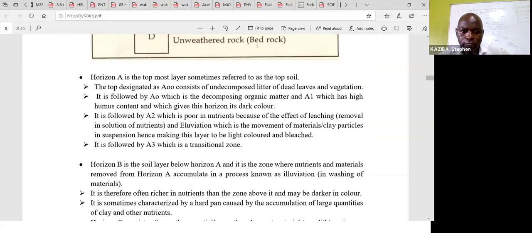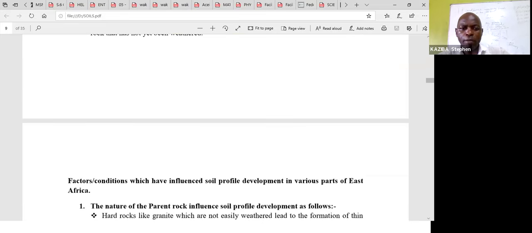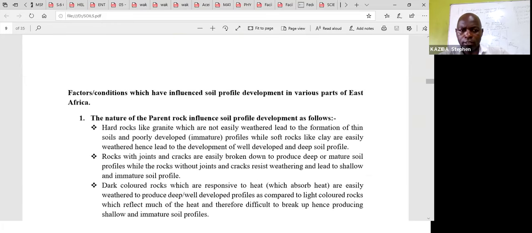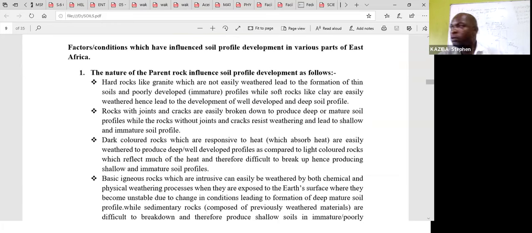After that, now you go to the nature of the parent rock. Now those are the factors. So you see hard rocks. We look at hard rocks and we explain them concurrently.